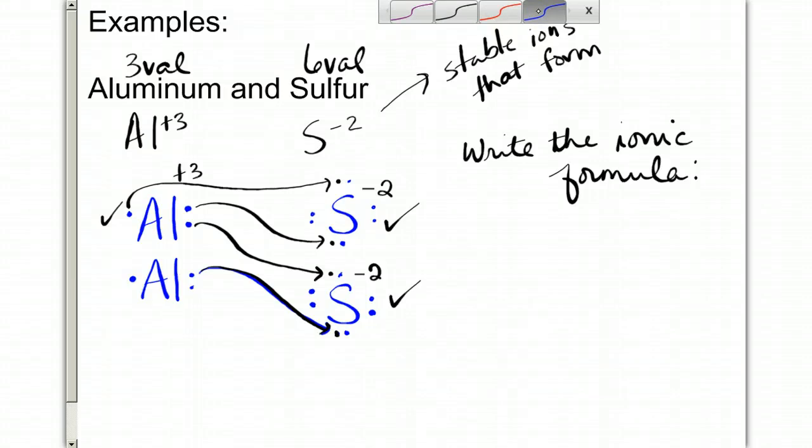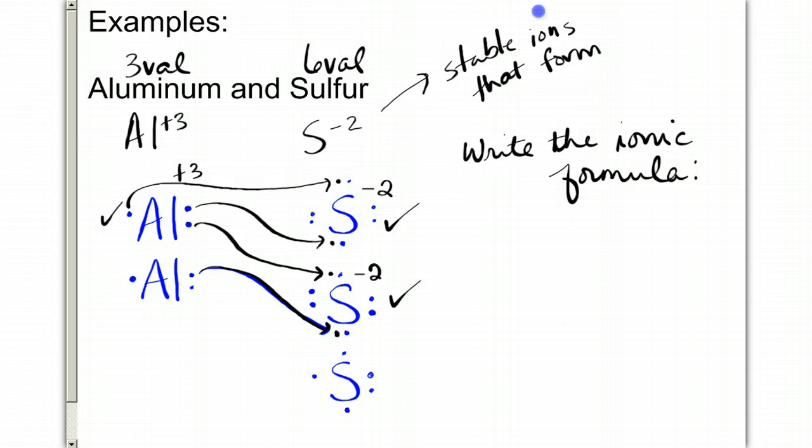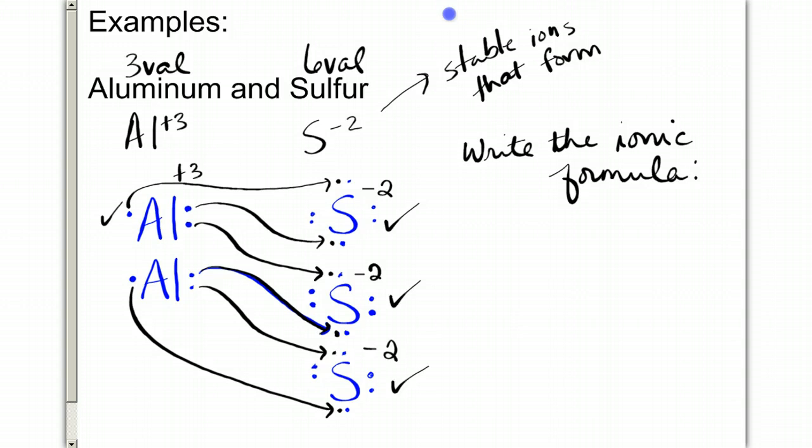So what we'll need is 1 more sulfur with 6 valence electrons. Now aluminum can give away its last 2 electrons, giving this sulfur a charge of -2, giving this aluminum a charge of +3, and now we're done.